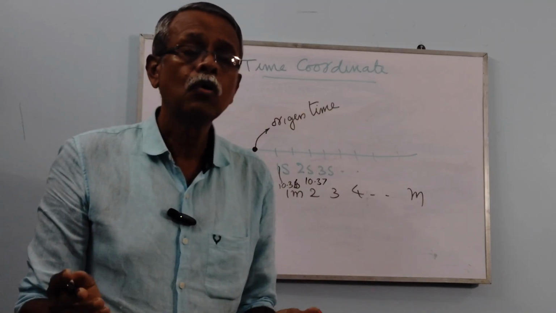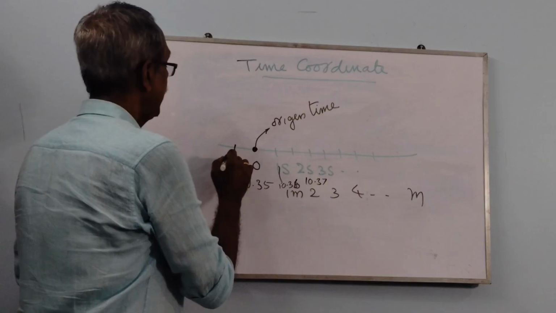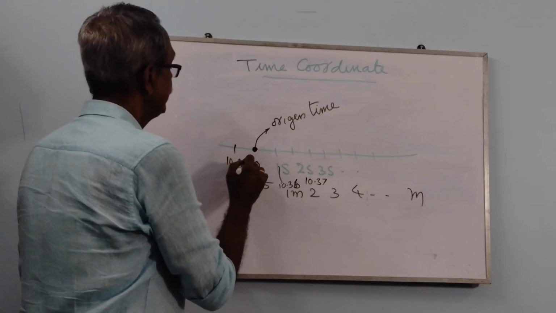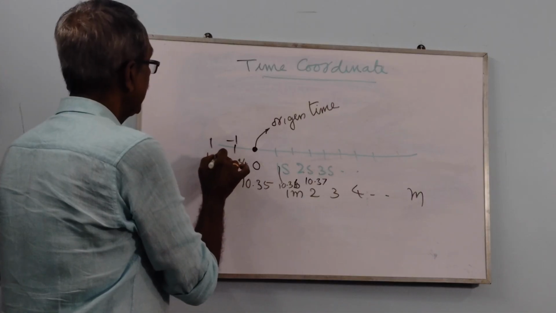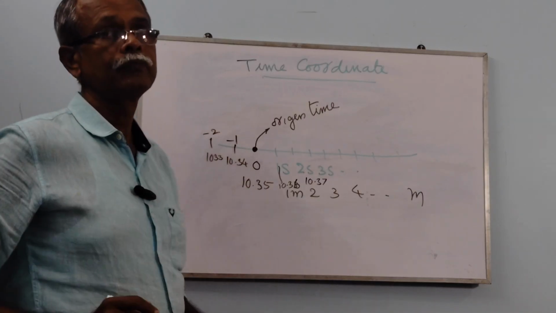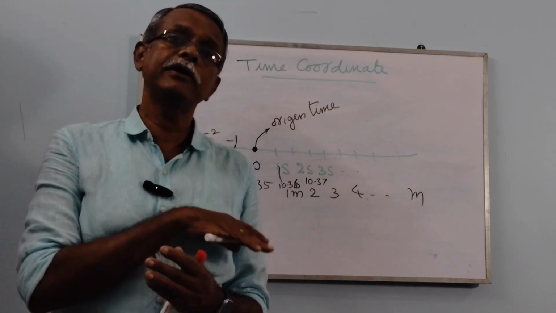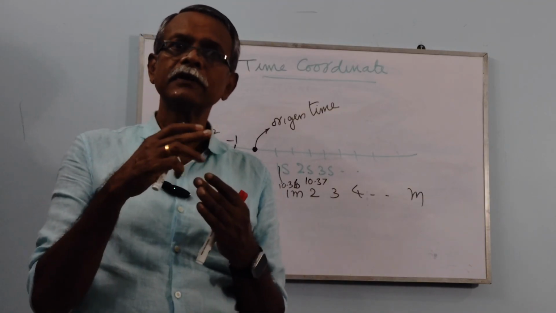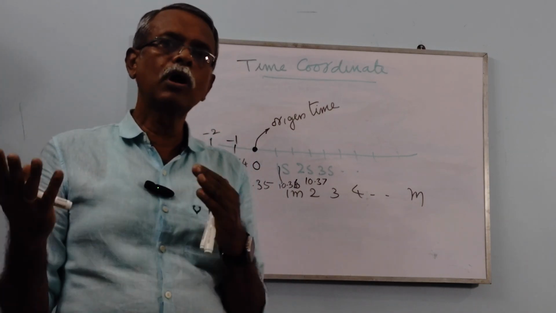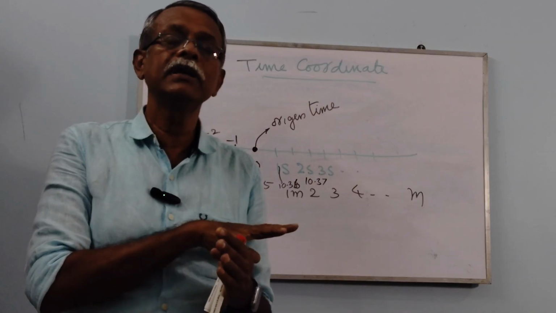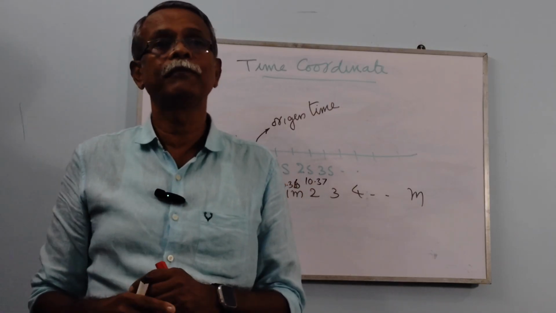And all the times before the origin, say 10:34, this is taken as -1. 10:33 is taken as -2. So time can be positive or negative. All the times after the origin are taken as positive. All the times before the origin are taken as negative. Don't think that time cannot be negative.